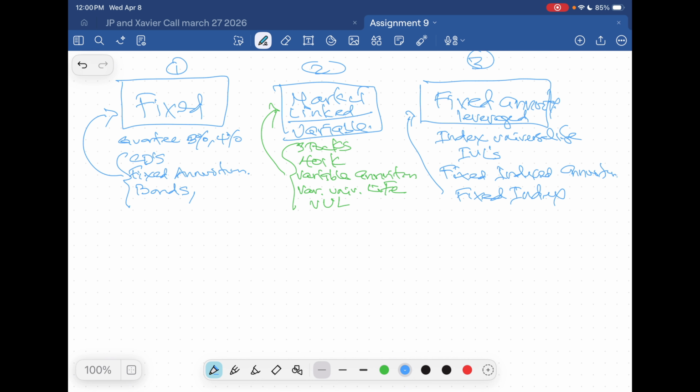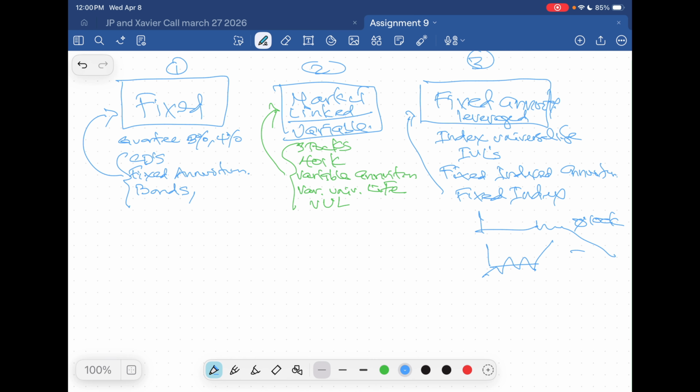It means that when the market is all over the map and it goes down, this is negative, it locks at zero. So zero lock. And it's also got growth. So when the market goes up, it actually tracks the market growth.